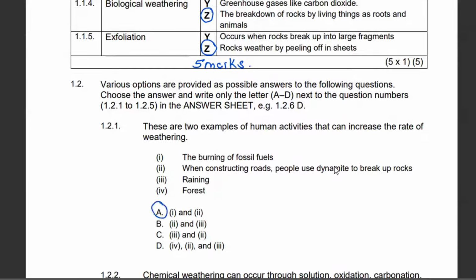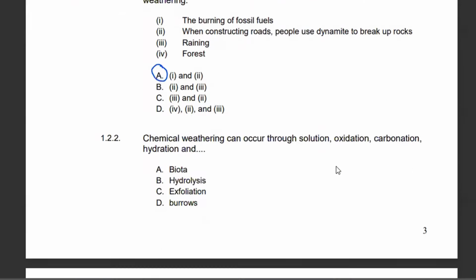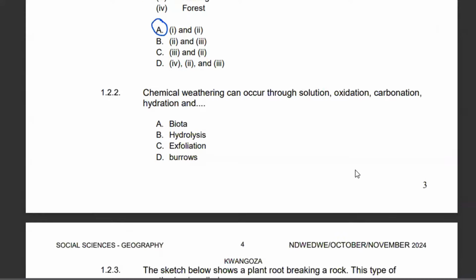So our answer is A. And then let's go to chemical weathering can occur through solution, oxidation, carbonation, hydration, and dash, dash, dash. Here our answer is B, meaning chemical weathering can occur through solution, oxidation, carbonation, hydration, and hydrolysis.